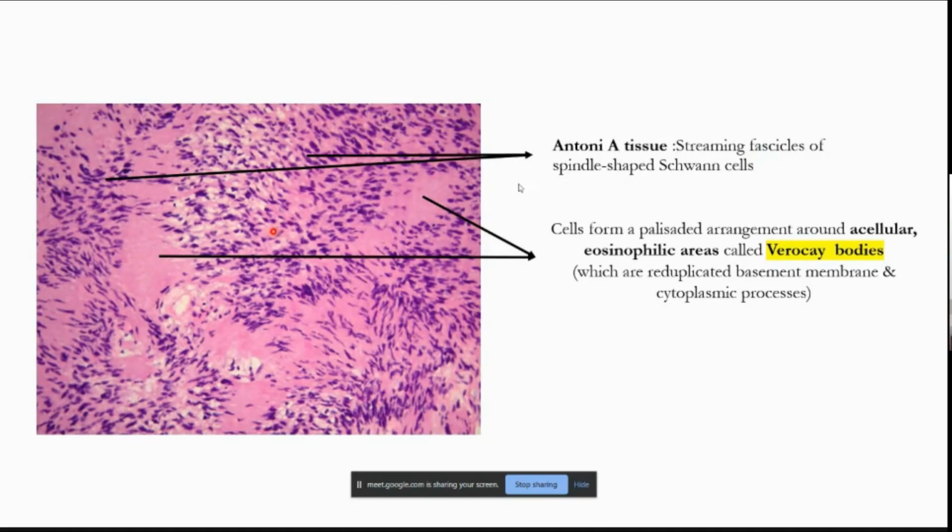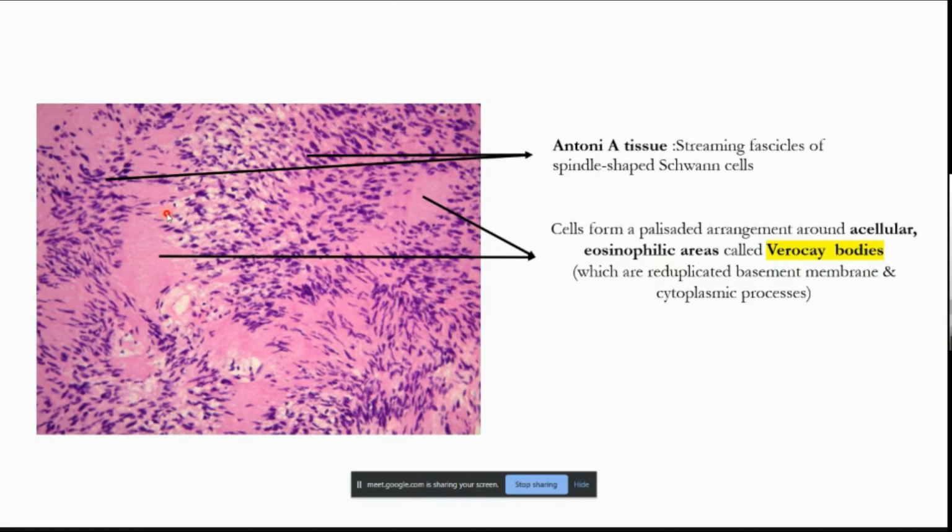This pink area is called the Verocay body. The Verocay body is an eosinophilic area, that's why I said pink; hematoxyphilic will be blue. This eosinophilic area is nothing but reduplicated basement membrane and cytoplasmic processes. In Antoni type A, all the affected Schwann cells are arranged in a palisading manner all around this pink area, that is your Verocay body.